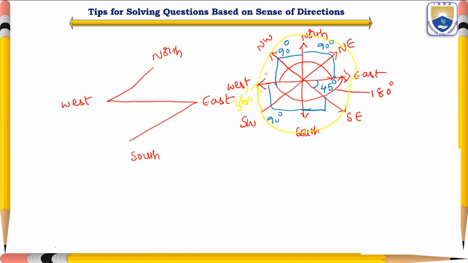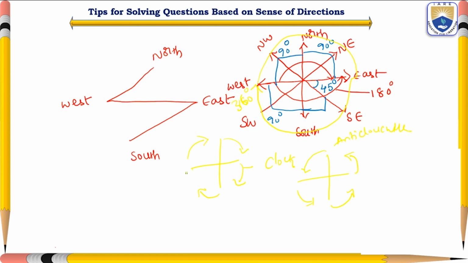Generally, like a clock, if that person moves to the right side, a right turn from the north side, we call it the clockwise direction. If the person moves in the left side direction, we call it the anti-clockwise direction.